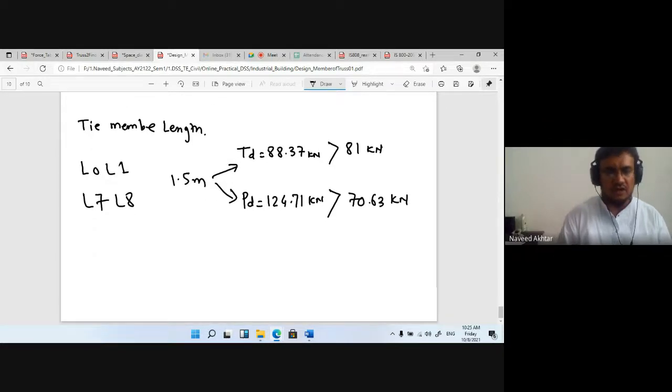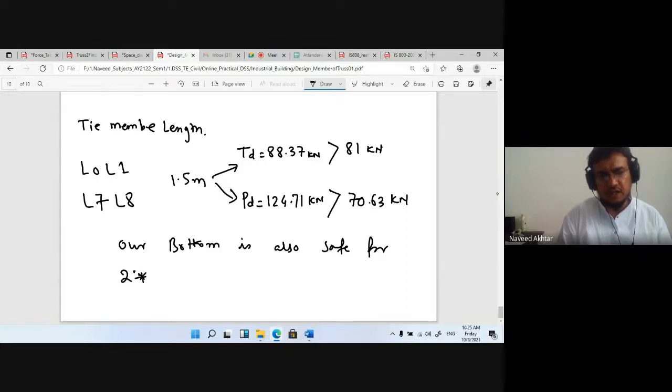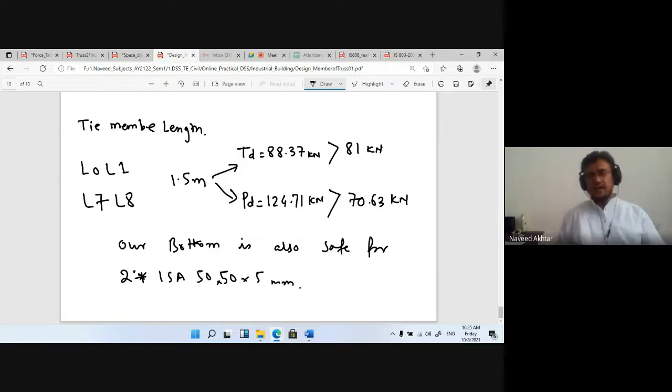Means our bottom tie is also safe for 2 ISA 50/50 by 5 mm. Okay, so this is nothing but design of your member of truss.